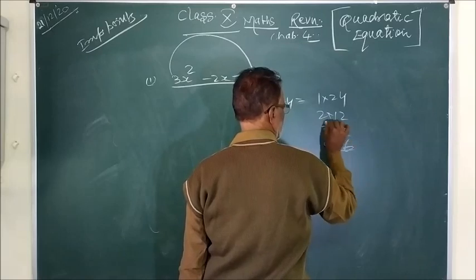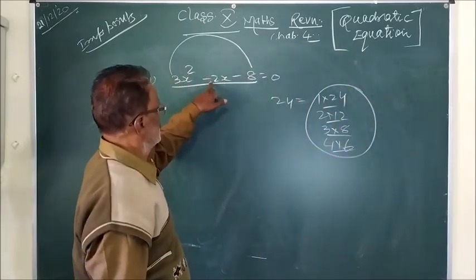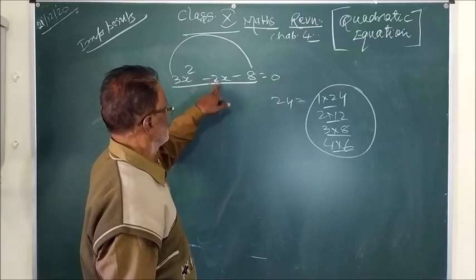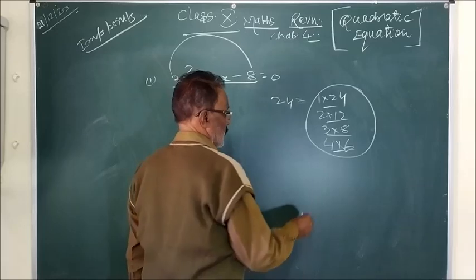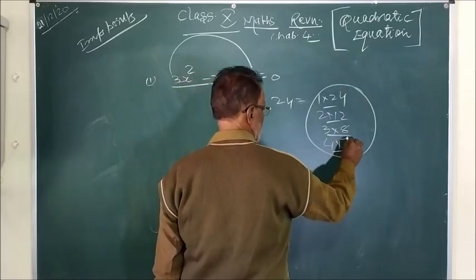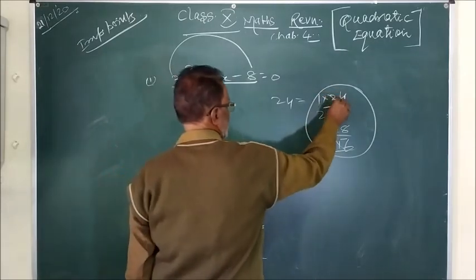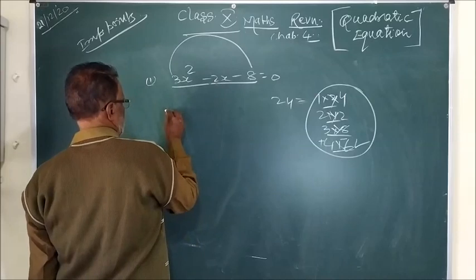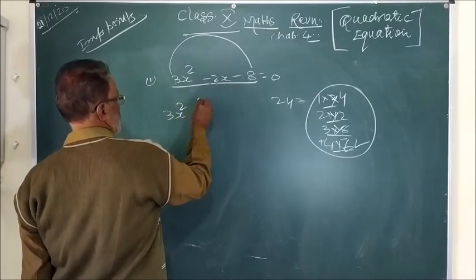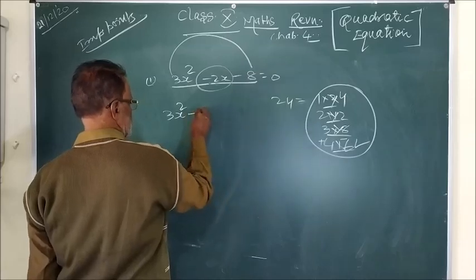One pair will be suitable here, so that there should be minus 2 and into minus 24. So minus 2, this will be minus 6 and this will be plus 4. So these three are not suitable. This is the appropriate split. So 3x squared, this can be split into minus 6x plus 4x.